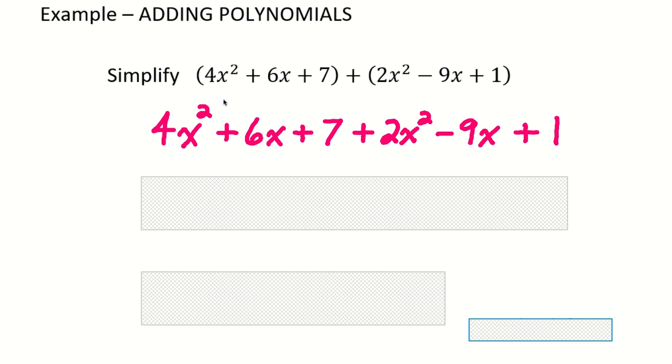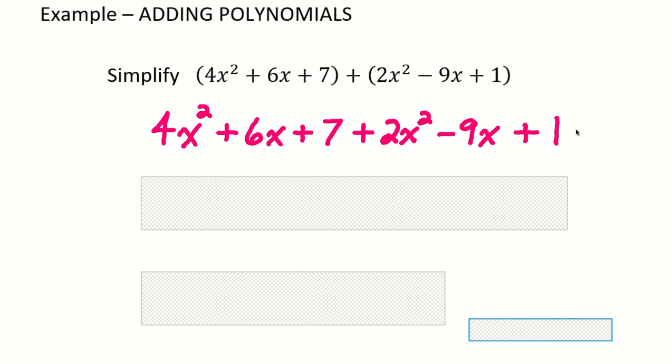And then we have a positive 6x and a negative 9x. Now listen, I'm going to say that again because I can't stress this enough. This is not just a 9x. It's a negative 9x. The sign in front of the term is a part of the term. So it's a positive 6x and a negative 9x that are going to combine because they both have just an x variable part.